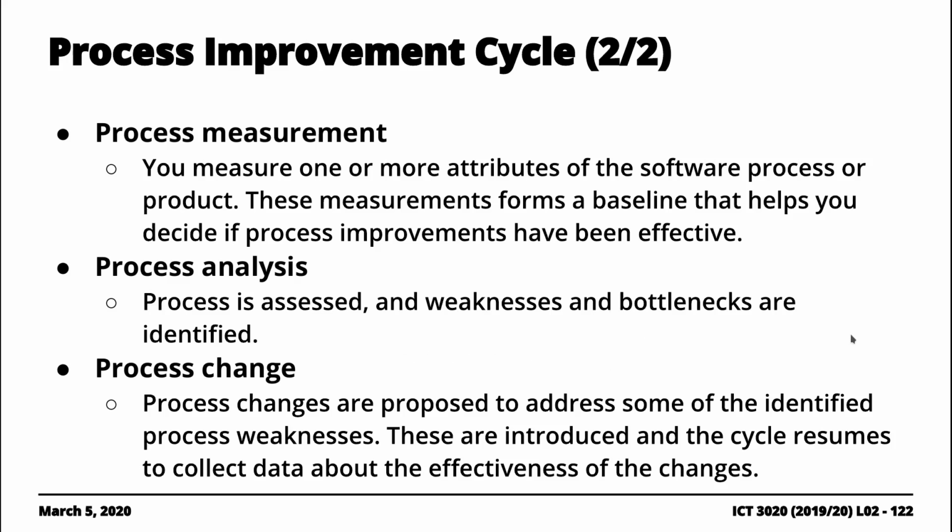You tend to want to make an assessment of potential weaknesses and challenges associated with the process, and so process analysis will typically involve identifying these weaknesses and bottlenecks, right? And then once you identify the weaknesses, bottlenecks and challenges, you go through a process change where you incorporate changes that will help address the weaknesses and bottlenecks identified. And then you loop again, right? So you go through this cycle.